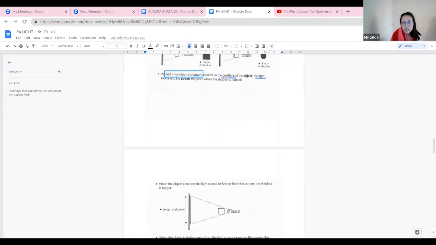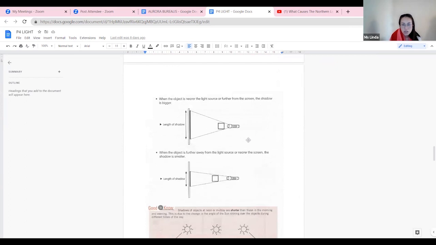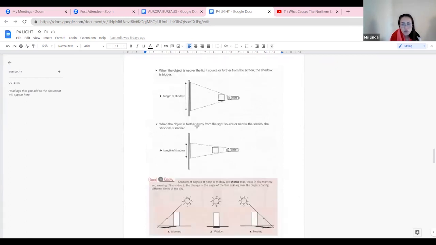Where is the light? And of course, where's the screen? Okay, you can maneuver all this by these 3 positions. Okay, so there you go. Your length of shadow, if it's very near to the torchlight, what happens is your shadow will be very big. If it's further away, your shadow will be smaller. Okay, you can notice this.